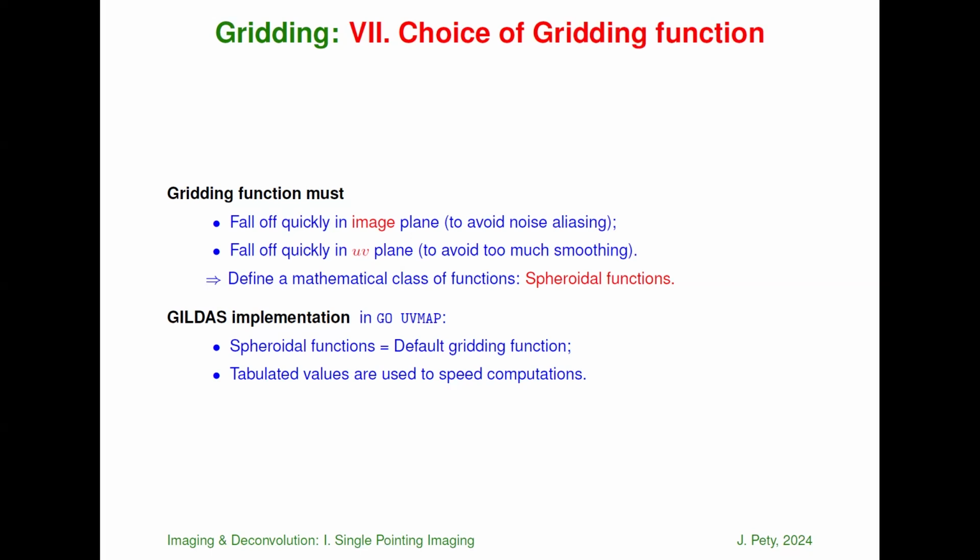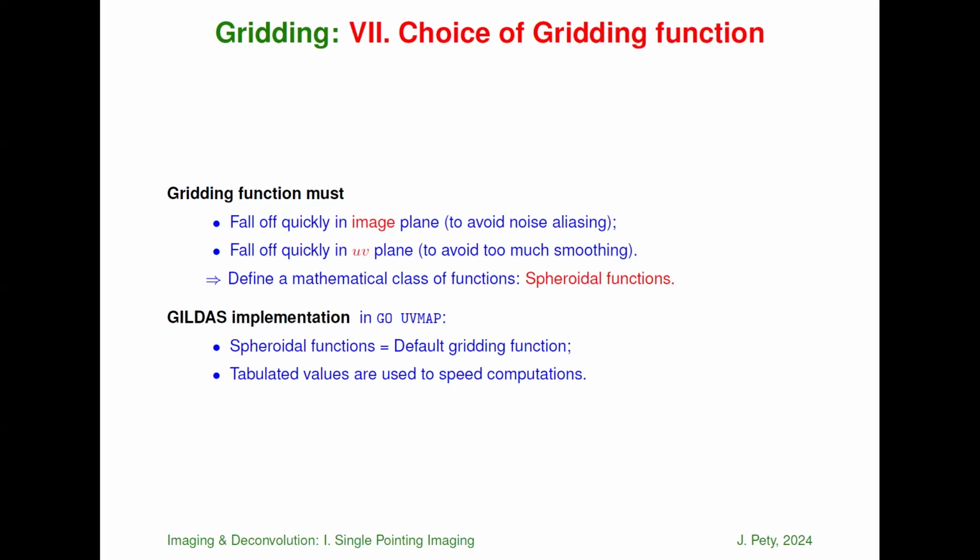But this seems contradictory because I've told you that a function that is small in the image plane will be large in the UV plane. So how can it be? Well, fortunately, falling off very quickly in the image plane and falling off very quickly in the UV plane define a specific class of mathematical functions that are called spheroidal functions.